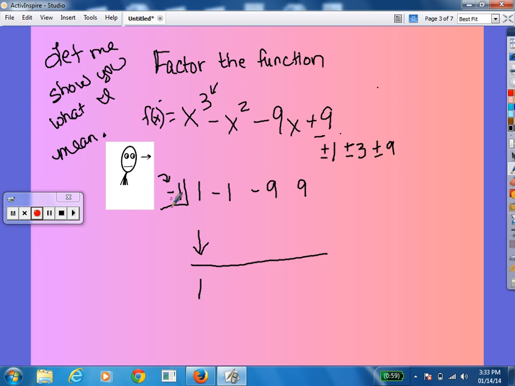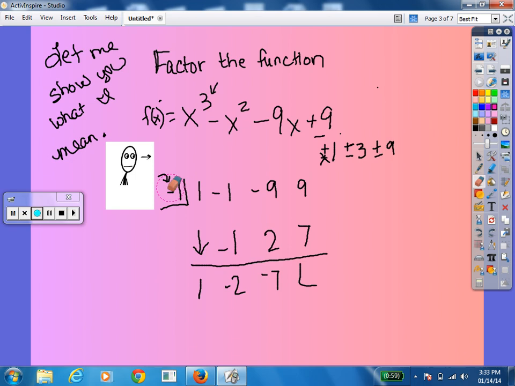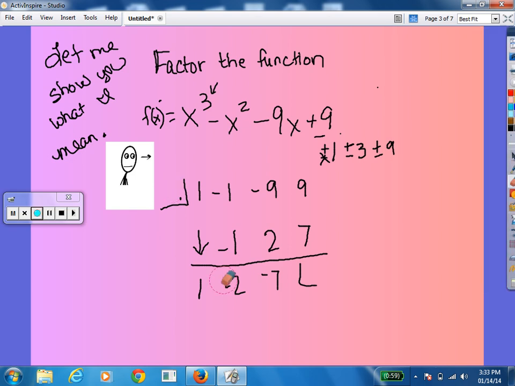So bring down the 1, -1, -1 and -2 is +2, -9 and +2 is -7, -1 times -7 is +7. That gives me a remainder, so this choice is not a choice. That number didn't help us do what we needed to do.